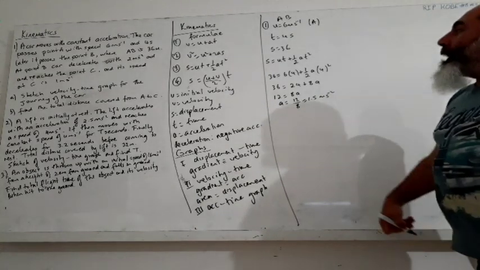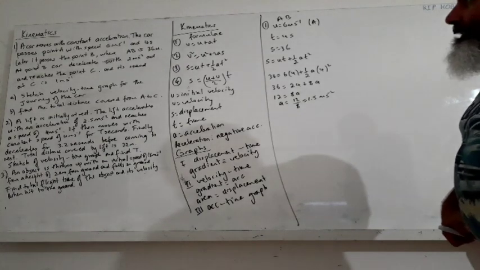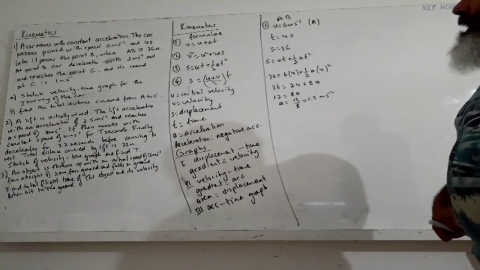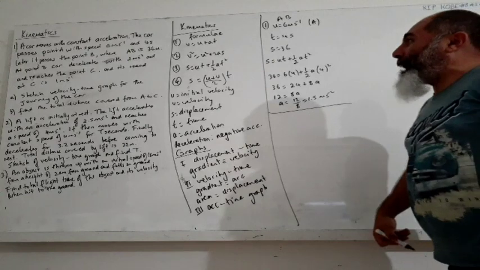And let's carry on reading the question. At point B, the car decelerates. Now we reach point B, and the car starts to decelerate.